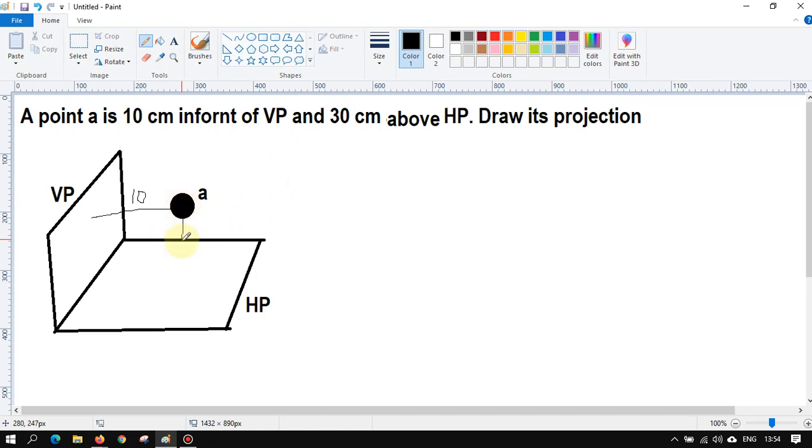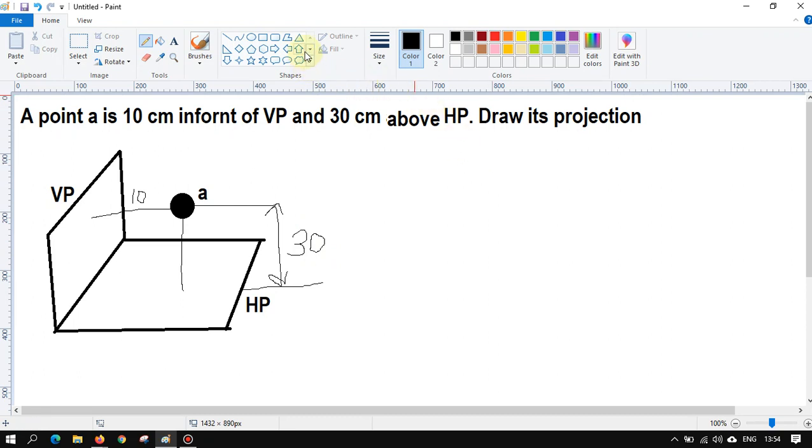That means from the center of this point to HP it is 30 centimeter. Is that clear to everyone? Yes, sir.